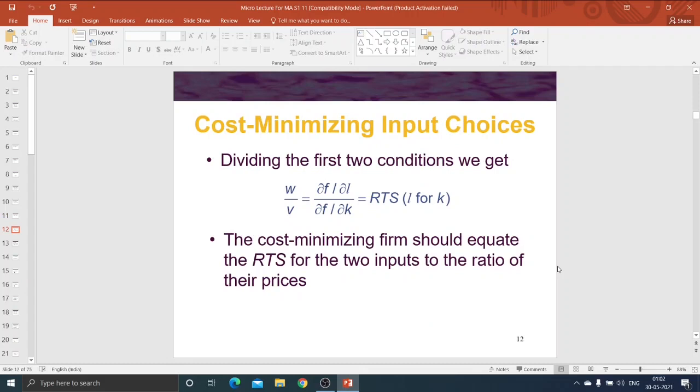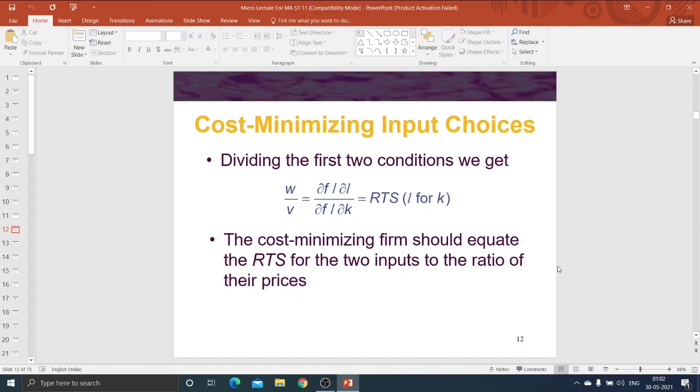So there is no problem as far as the theoretical setting is concerned. Dividing the first two conditions, we get W by V, which is equal to dou F by dou L divided by dou F by dou K, which is equal to the rate of technical substitution for labor and capital. This is what we have seen.